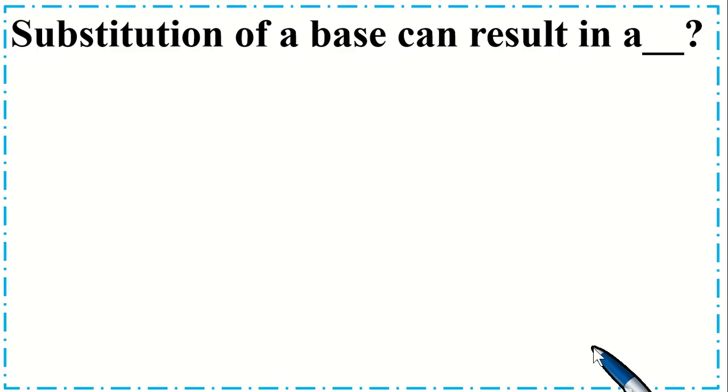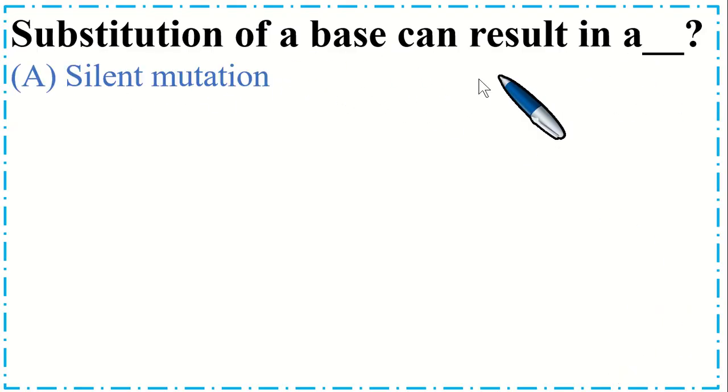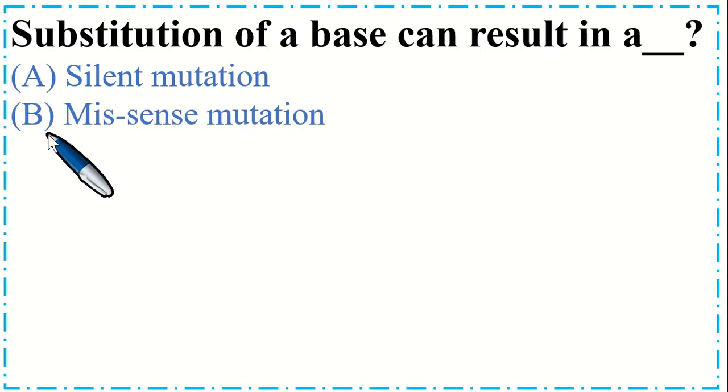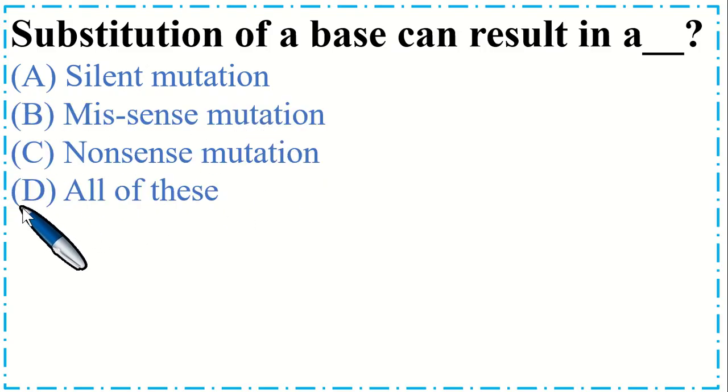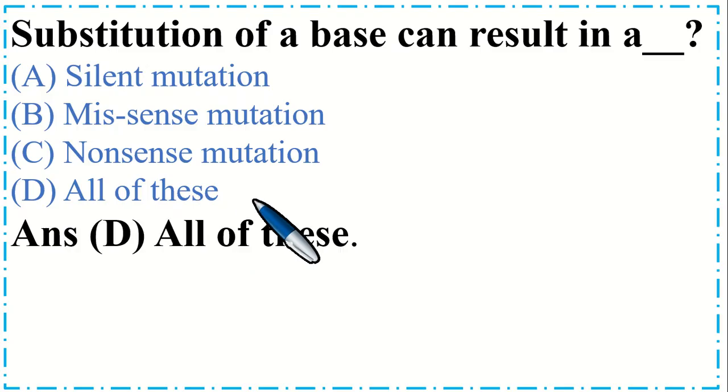Dear students, this is a very important MCQ. Substitution of a base can result in a dash. Option A, silent mutation, B, missense mutation, C, nonsense mutation, and option D, all of these. So the correct option is D, all of these.